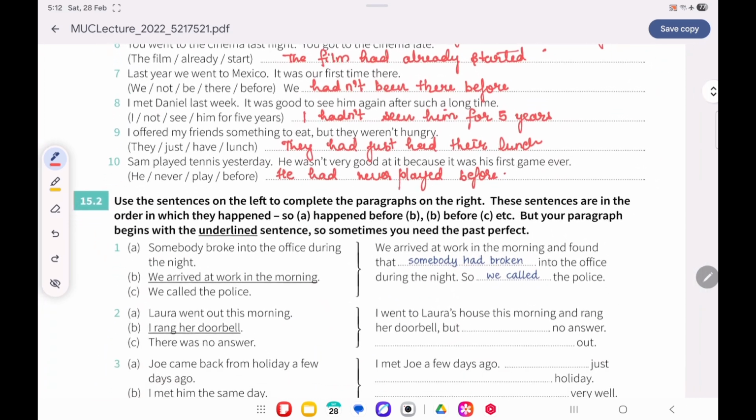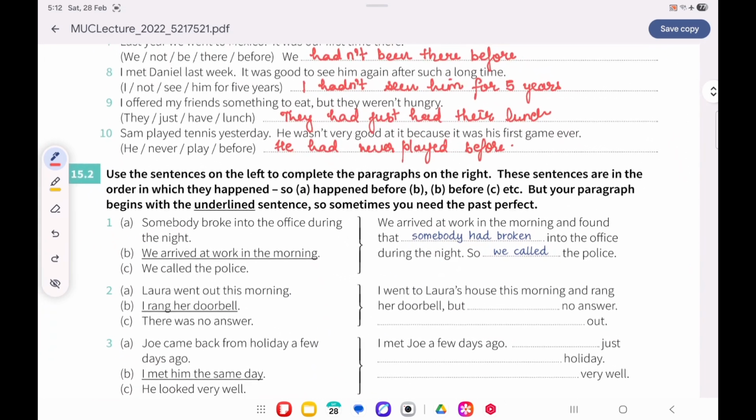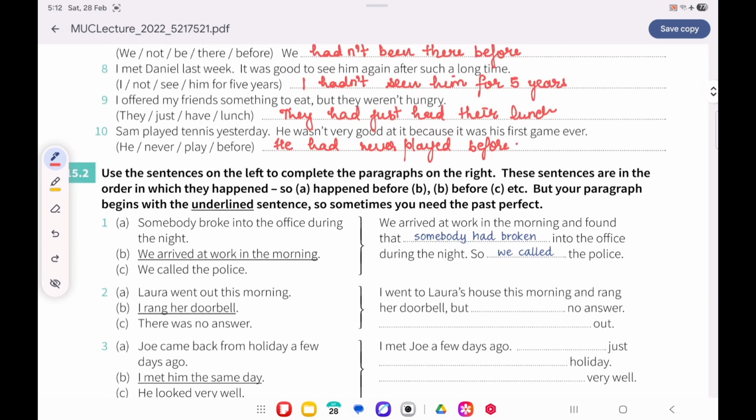Use the sentences on the left to complete the paragraph on the right. These sentences are in the order in which they happen. A happened before B, and so on. But your paragraph begins with the underlined sentence, so sometimes you need past perfect.